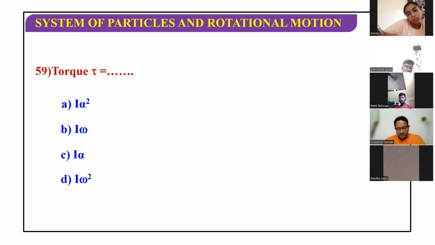So torque will be equal to I alpha. Exactly. Very good. Because F is equal to ma, right? Equivalent of F is torque in rotational motion. Equivalent of mass is moment of inertia I. Equivalent for acceleration in rotational motion is alpha, angular acceleration. Therefore, torque is equal to I alpha.